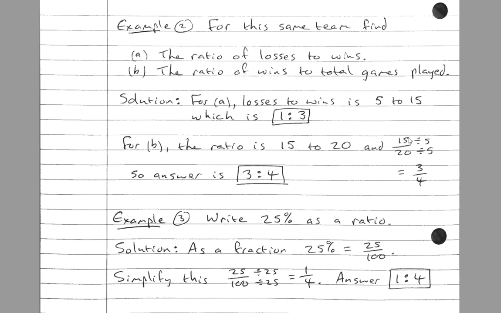And again, simplify that. 15 over 20 has a common factor of 5. Divide by 5, so we get 3 over 4. So the answer to part B, the ratio of wins to total games played is 3:4. And we can see out of every 4 games the team played, it won 3 of them.